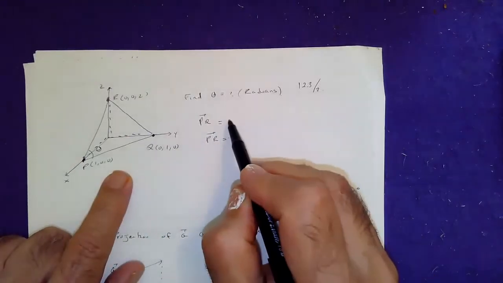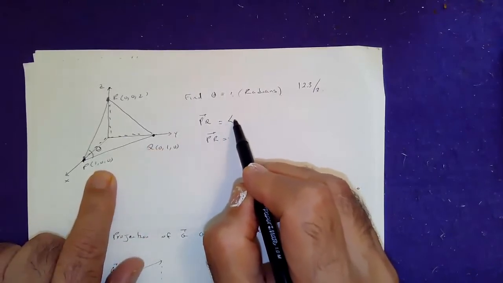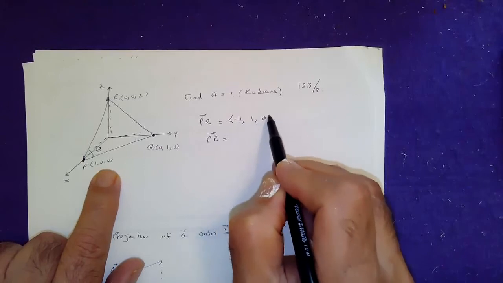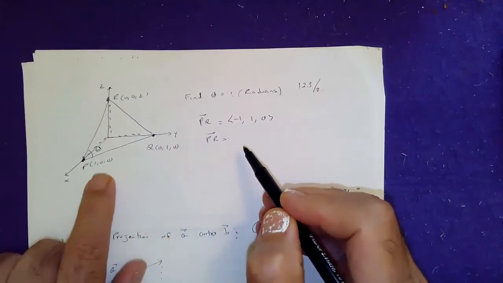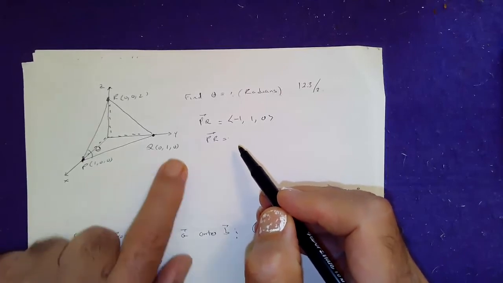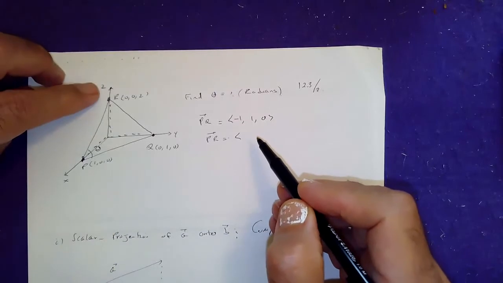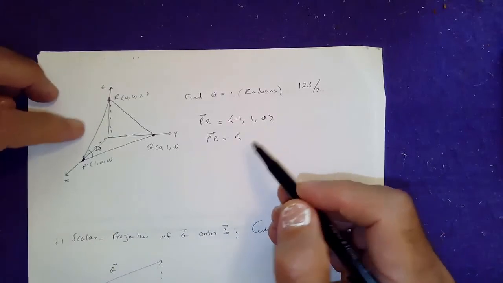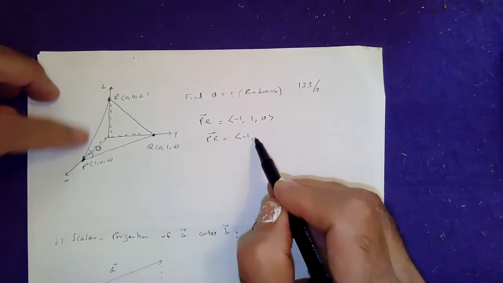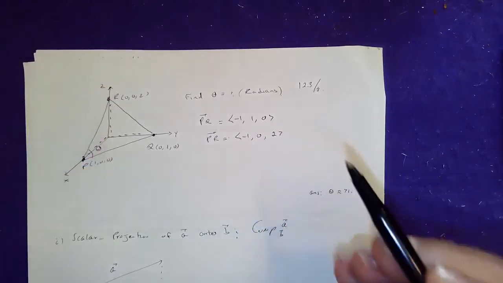That would be terminal minus initial. So that would be -1, 1, 0: 0 minus 1, 1 minus 0, 0 minus 0. So PR is terminal minus initial: 0 minus 1, 0 minus 0, 2 minus 0 is 2.